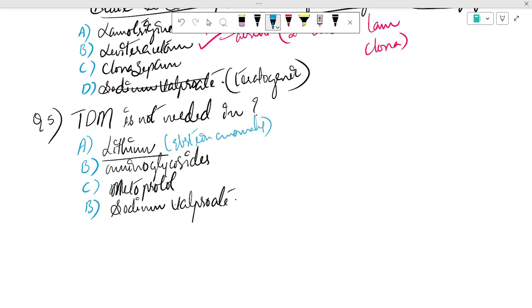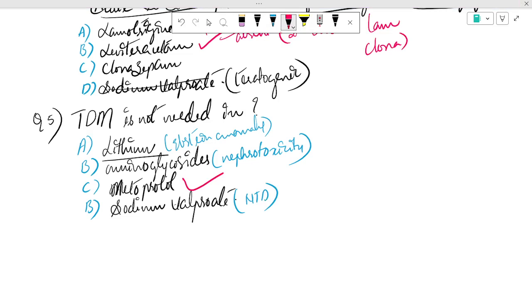So aminoglycosides, yes, you need serious therapeutic drug monitoring of aminoglycosides because they cause nephrotoxicity. Then coming to the next drug, sodium valproate is a very dangerous teratogenic drug. It may lead to neurological defects, very important. That leaves only one option, that is metoprolol.